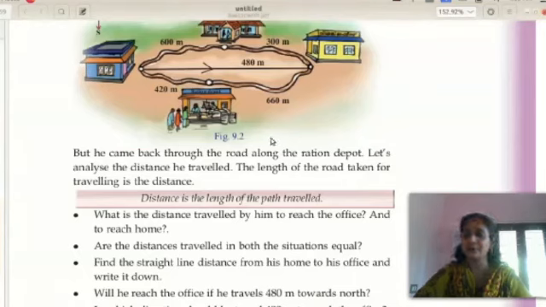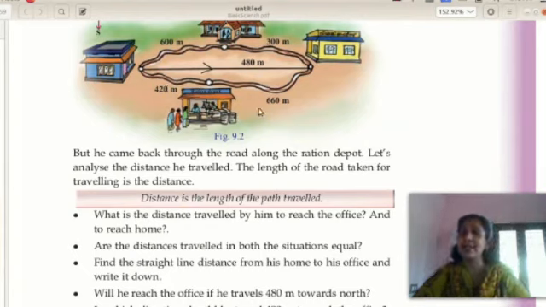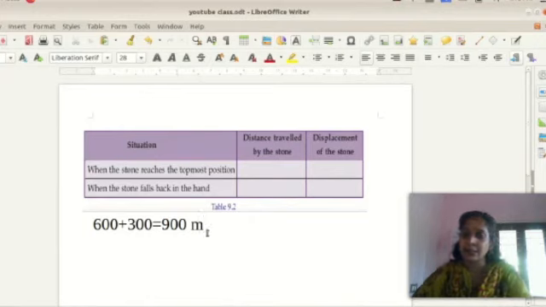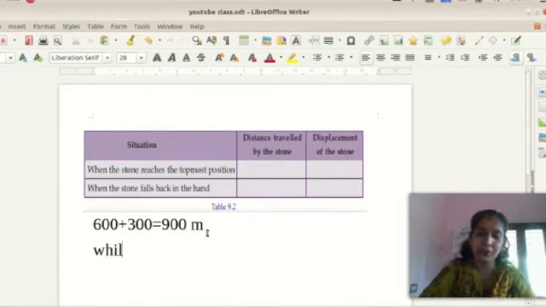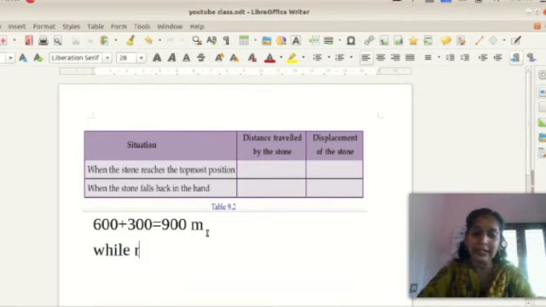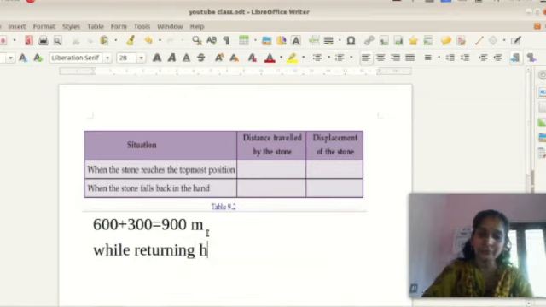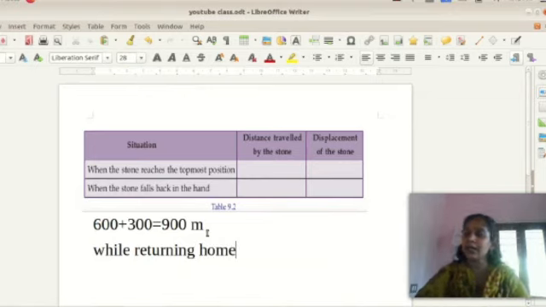While returning home, he travelled through this path near the ration depot, isn't it? Then the total distance will be equal to 660 plus 420 meters.